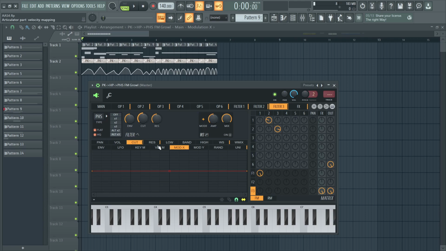What's happening here is in the Unison index mapping for the cutoff, this is my shape. Each of these bars right here, if you follow my mouse, is a phaser.